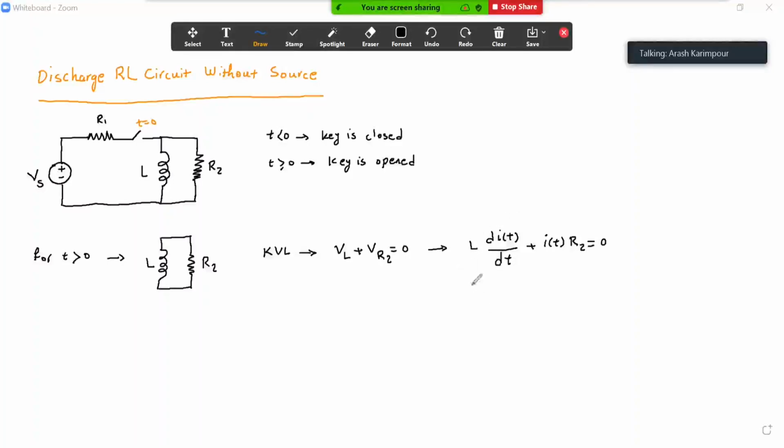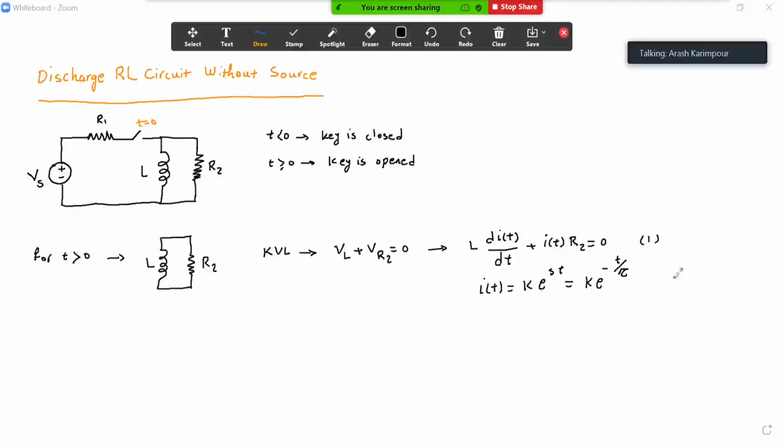We talked about the solution for this equation. It has the form k e to the power of st, as we wrote before, or we already know by now that it's going to be k e to the negative t over tau.